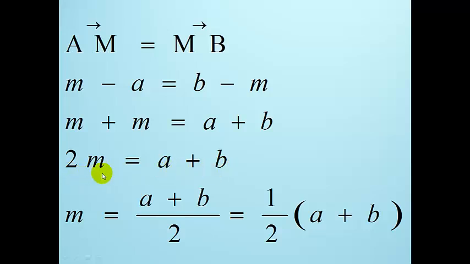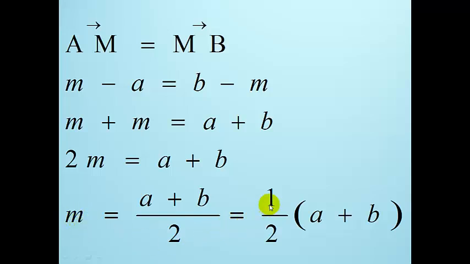Because we are solving for M, we need to divide the left hand side by 2, and we divide the right hand side also by 2. Dividing the left hand side by 2, we are left with M. And dividing the right hand side by 2, we have A plus B over 2. So we can factor half out and we have A plus B in brackets. This is the formula we are going to use in calculating for the midpoint of a line segment.